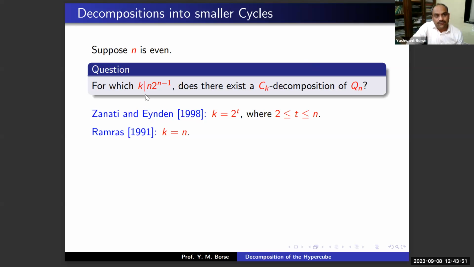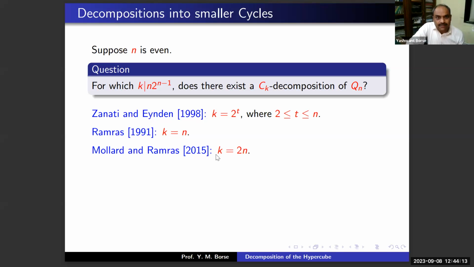Okay. Now, when k is a power of 2, the job is over. Now, what kind of k remains? n into a power of 2. So k equal to n is over. Now 2n, 4n, 8n, 2 power t into n. These kinds of k remain.